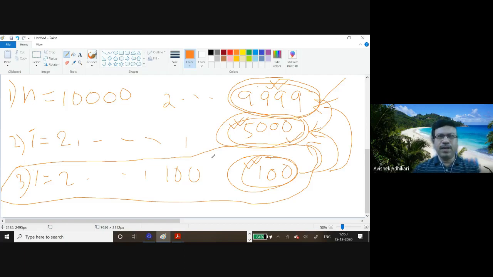So in my first case, the time complexity will certainly be around 9999, or around 10,000. For my second case, it will be around 5,000, and for my last one, the time complexity is around 100. Now there are many ways to compute the time complexity. We usually use some order notation.